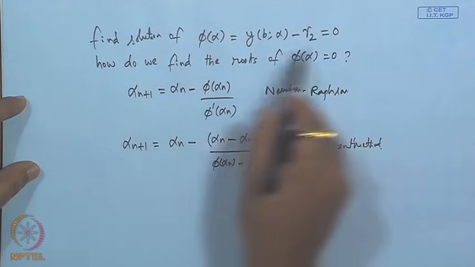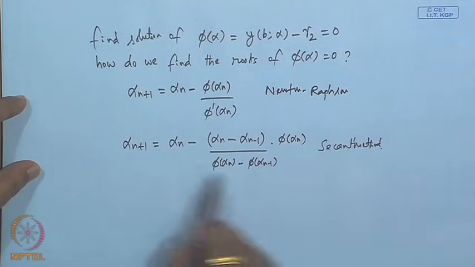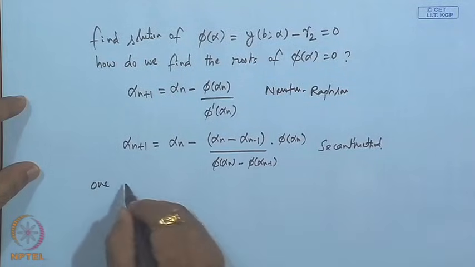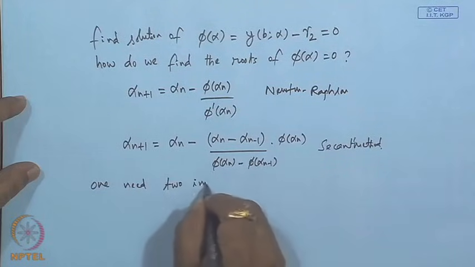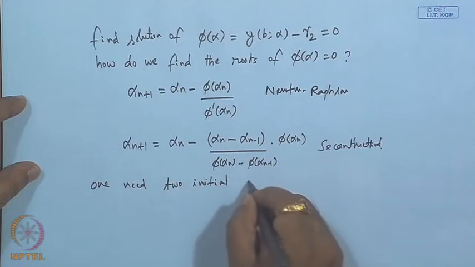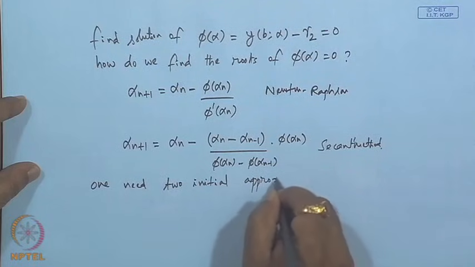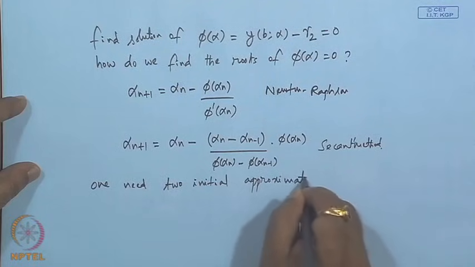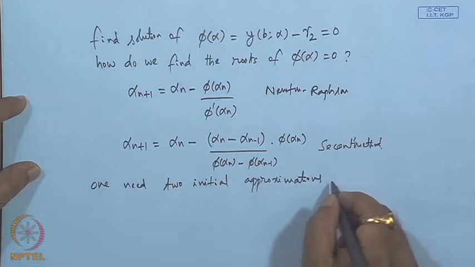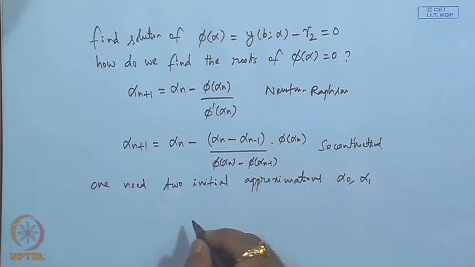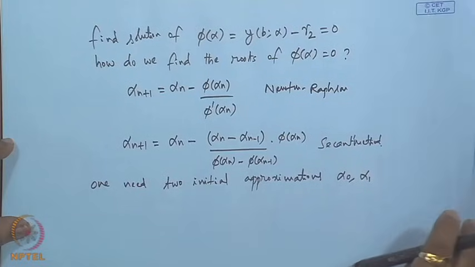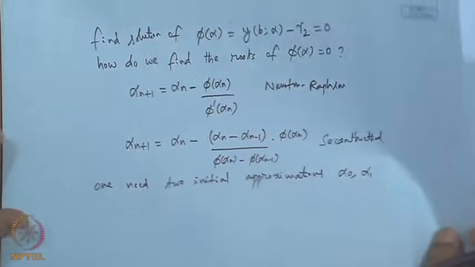To solve phi of alpha equal to 0 using the secant method, one needs two initial approximations, say alpha 0, alpha 1. So, what do we do with this?